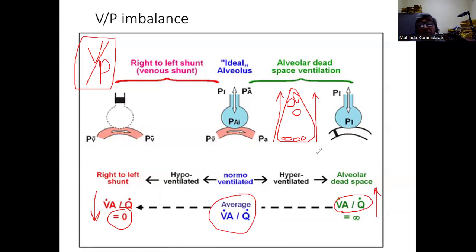So now you can understand the ventilation perfusion ratio changes when you go up, because both reduce from bottom to top, but perfusion reduces more. Perfusion reduces more when you go up.